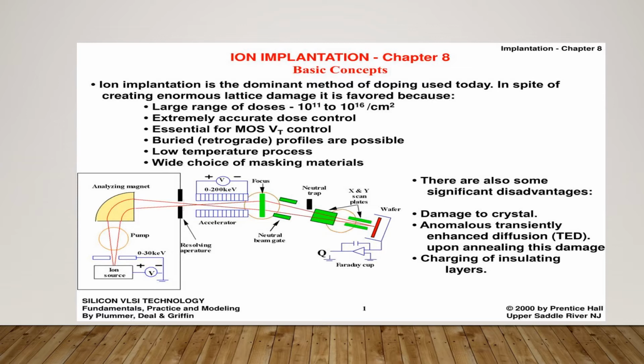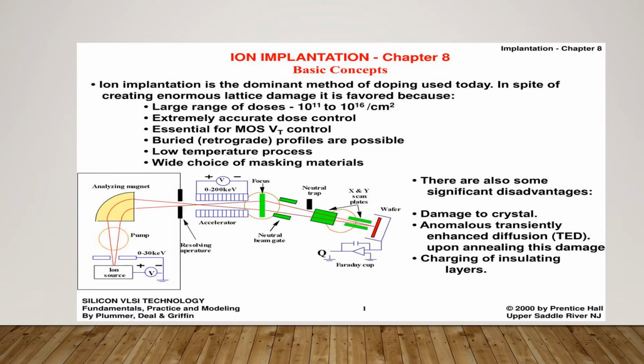It is a low temperature technique, although expensive, and although it creates lattice damage, it is still favored because it has a large range of doses and extremely accurate dose control, essential for MOS VT control. Buried profiles are possible. It is a low temperature process, and a wide choice of masking materials can be used.